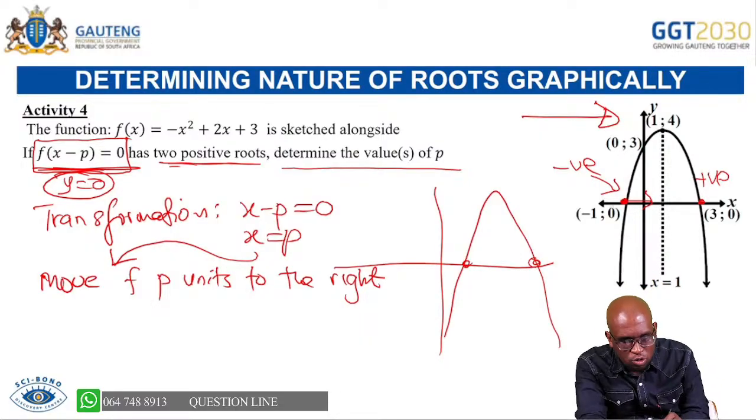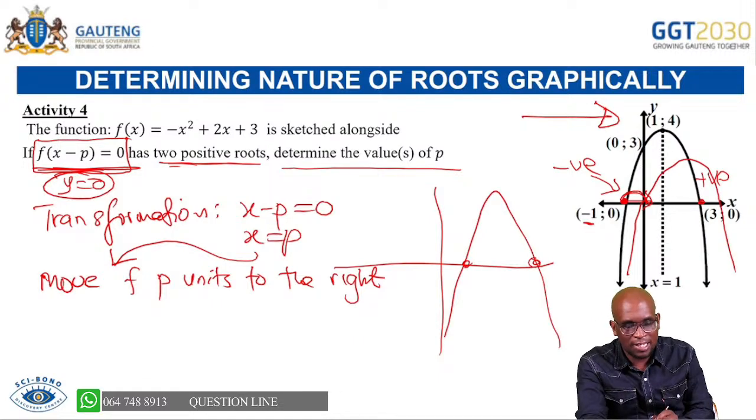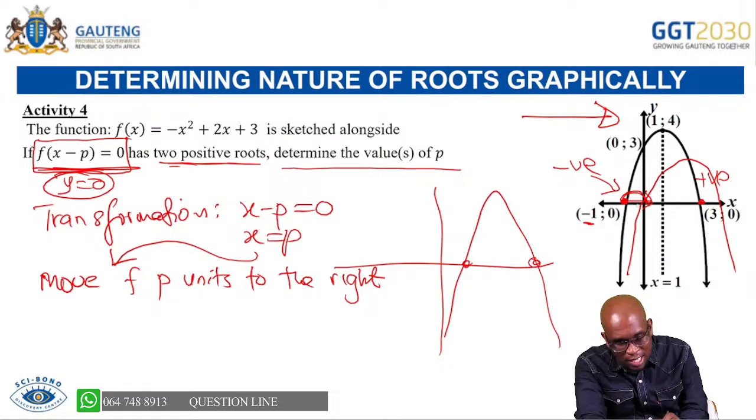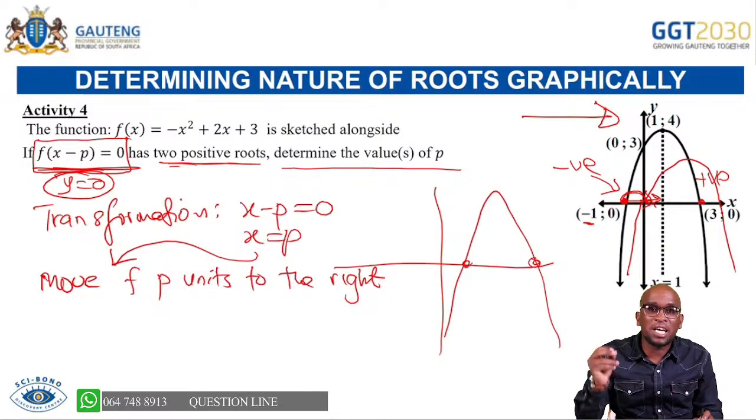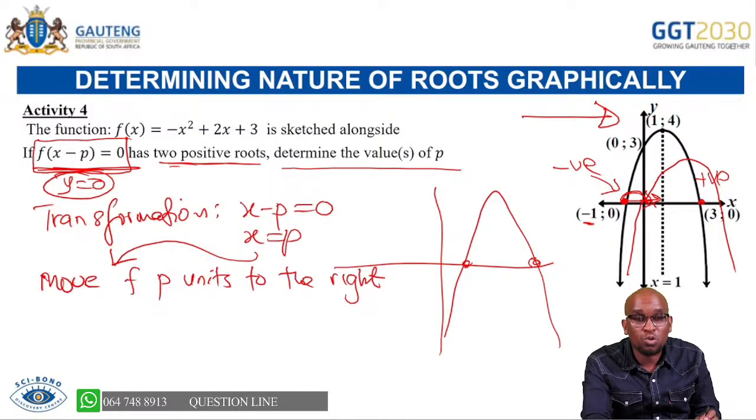So in order for it to shift to the right, if I can go 1 unit, because it's negative 1 and 0, I would put the graph on the x-axis, on the origin. Then if I move it just above 1 unit, the graph is going to get two positive roots.